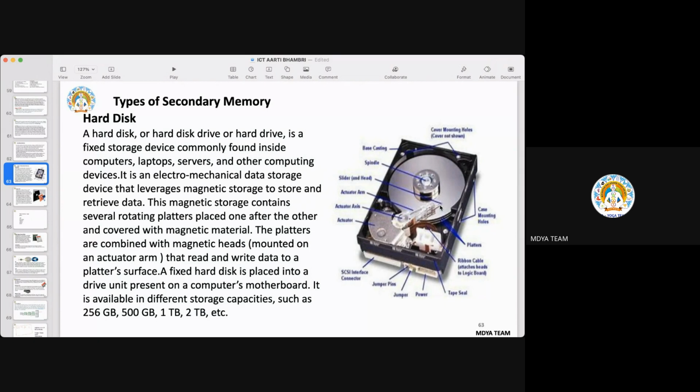So the pointer reads the data one by one. It is all a mechanical device, there is a movement of the device. You can see the components of the hard disk drive.